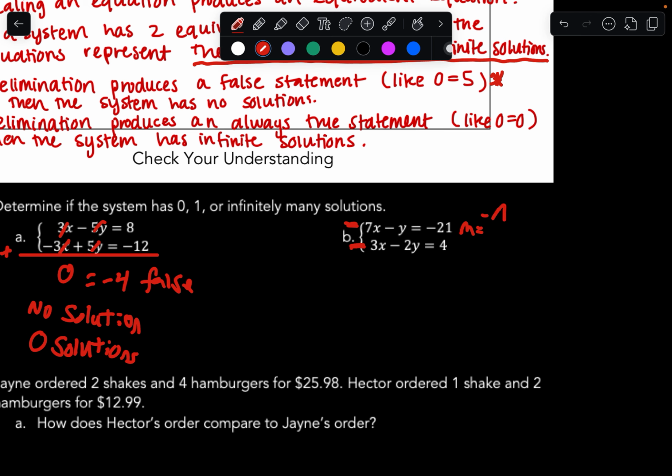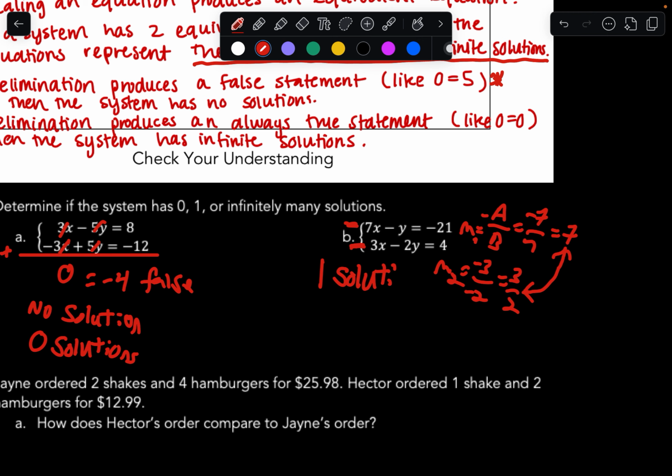Slope, which is opposite of a over b, is equal to -7 over -1, which is 7. And that's the slope of the top. And the slope of the bottom is going to be -3 over -2, which is 3/2. These two slopes are not the same. That means they have to cross, so it's one solution.